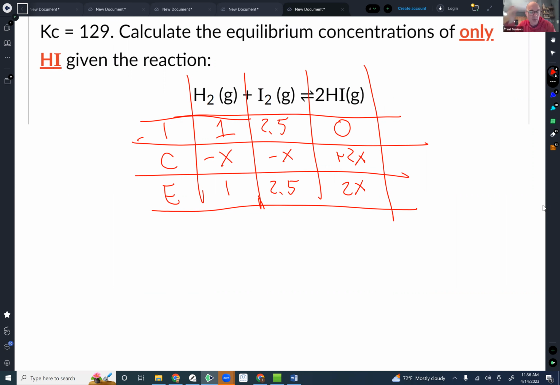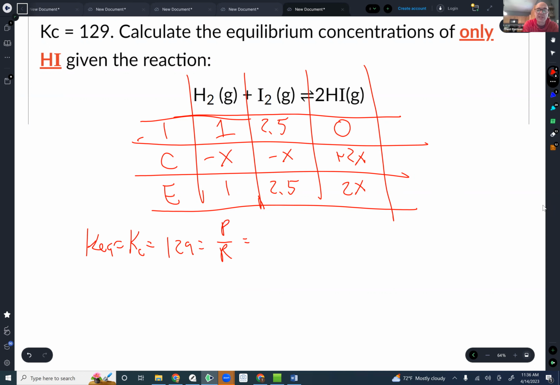So I need to actually calculate that. I'm going to set this up as KEQ, which is KC in this case, of 129. Products over reactants. My product in this case is 2X, but because it is 2 as the coefficient, it needs to be squared. Underneath the reactants, 1 and 2.5, simplified.